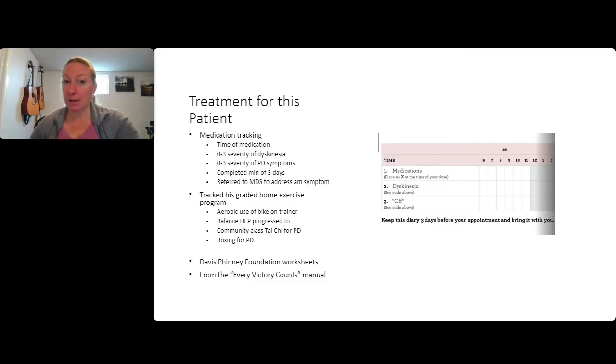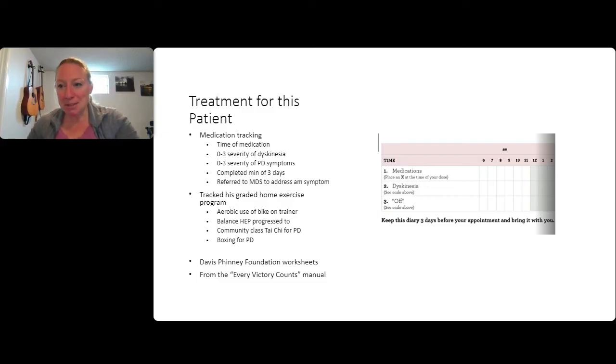And it just looks like what we have here to the side. Basically they just put a check mark when they take their medication, like a little X at that time, and then they would rate their dyskinesia severity 0 to 3 throughout the day, and their Parkinson's symptoms 0 to 3, 0 being none, 3 being the worst they've ever had.